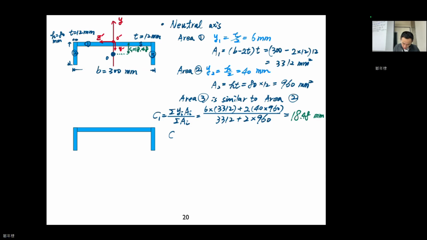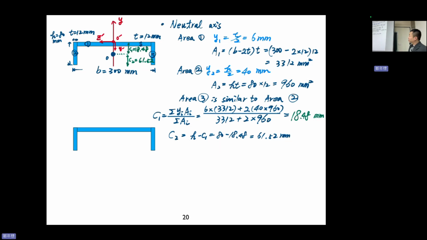C2 equals your H minus C1, equal to 80 minus 18.48, equal to 61.52 millimeter. So your C2 equals 61.52.